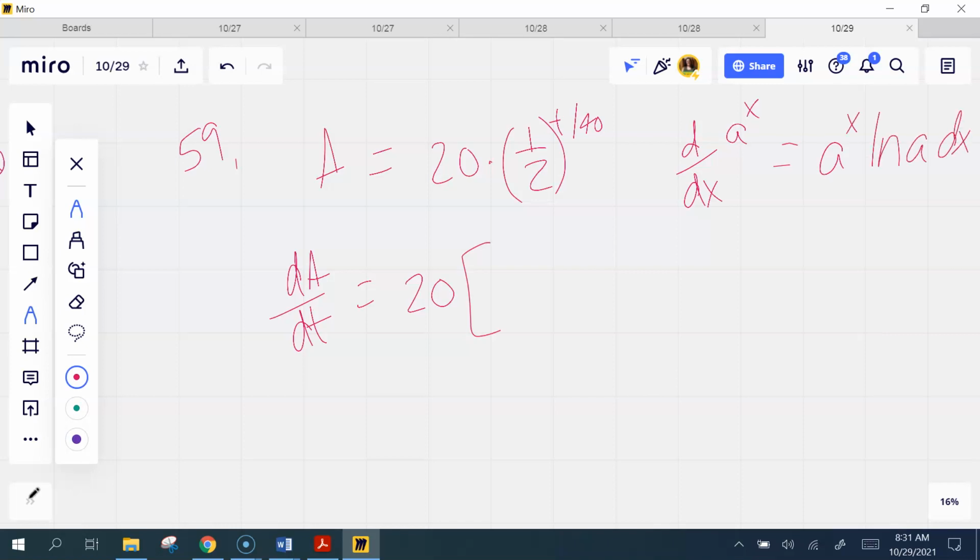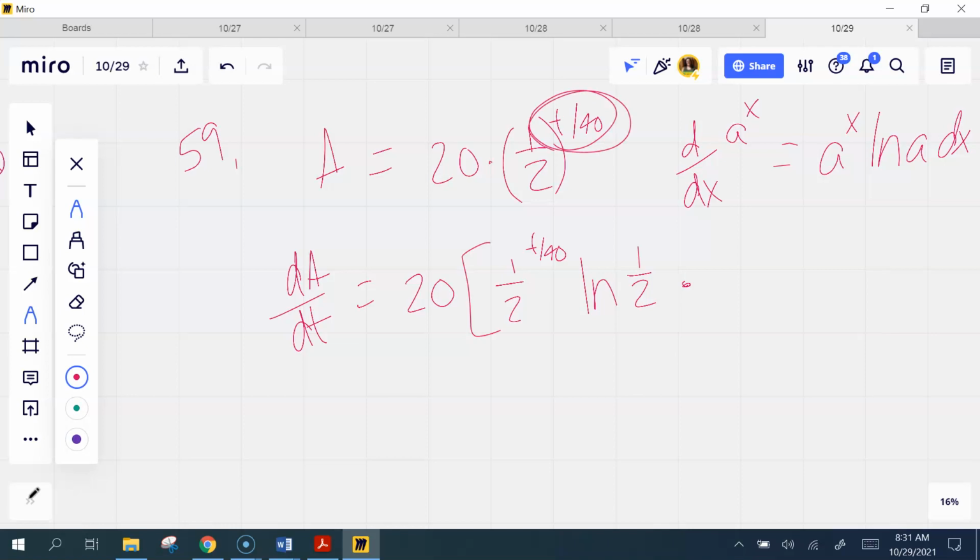So I'm going to have 1/2 to the t over 40 times the natural log of 1/2, times the derivative of x. This is my x.